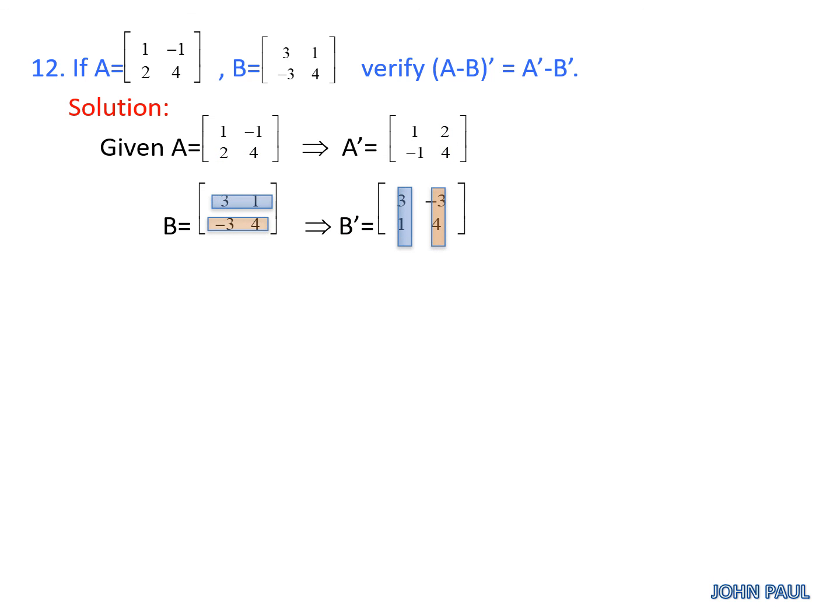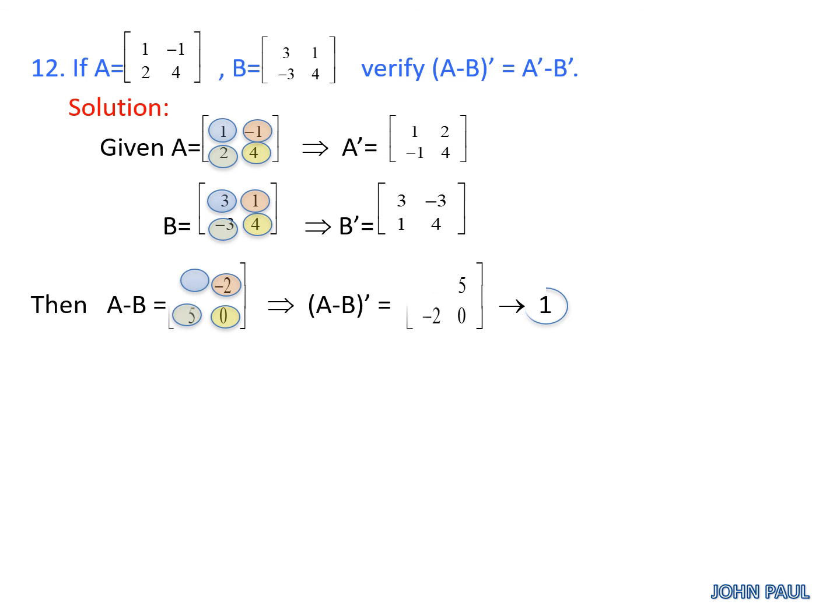Then matrix B is given, we know to change the rows to columns, finding the B transpose. Then A minus B, subtract A minus B. By subtracting, we got these values.